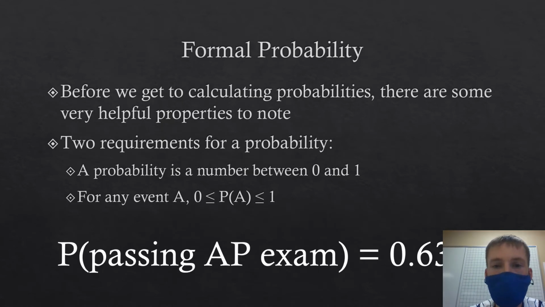One helpful probability requirement is that any probability of any event has to be between 0 and 1 inclusively. So using our notation for any event A, we could say 0 is less than or equal to the probability of event A is less than or equal to 1. And if it's equal to 0, that means that that simply cannot happen. And if a probability is equal to 1, we say it must happen or it will happen.